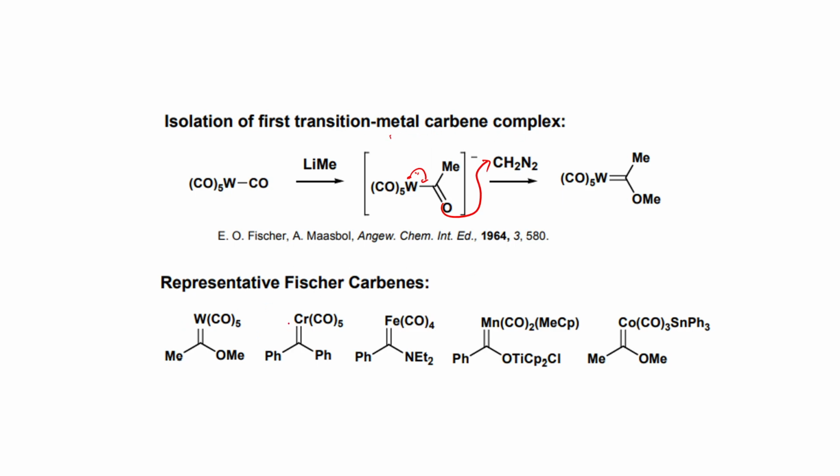Now, not only with tungsten, with chromium, iron, manganese, or cobalt, with all transition metals, you can have a metal carbene molecule.